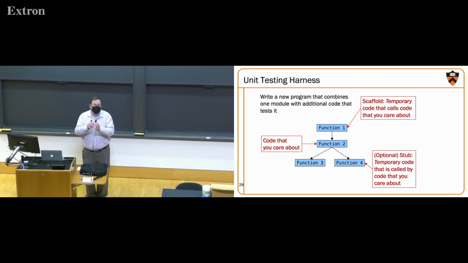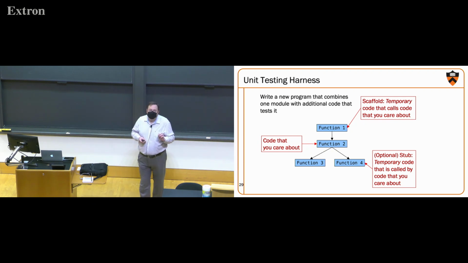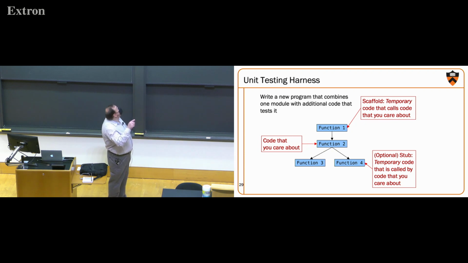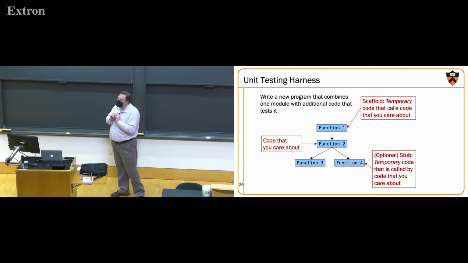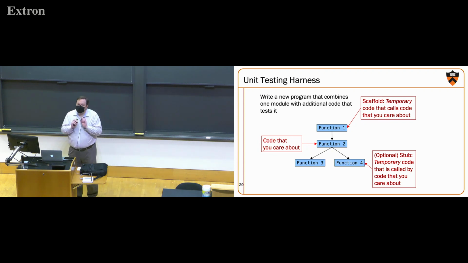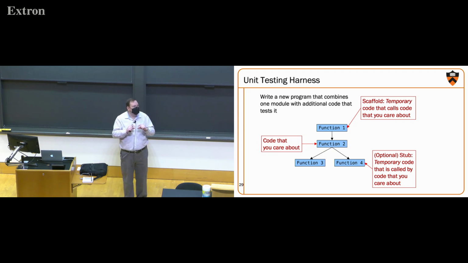Similarly, that module may be called by some other code that you haven't written yet. So the idea of unit testing is to try to isolate a single module, and you write a little tiny bit of support code. The support code is a scaffold, sometimes called a testing scaffold, which is code that calls the module and tests it in particular ways.